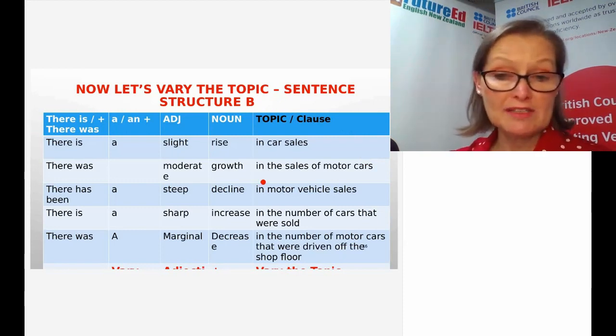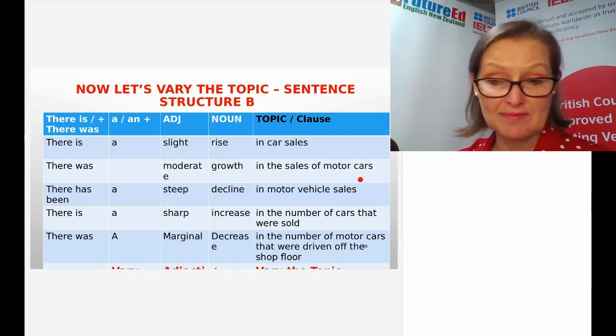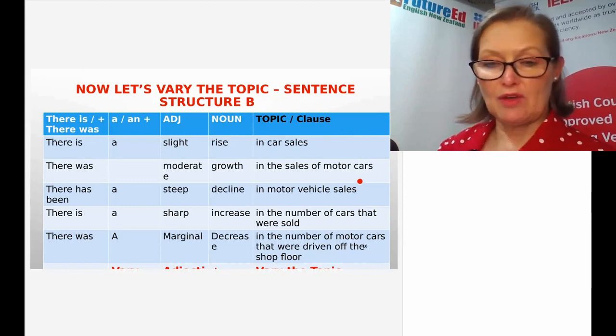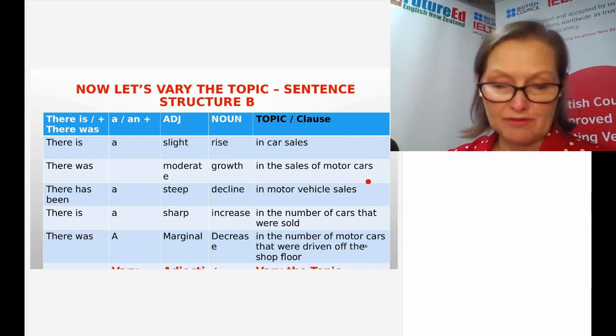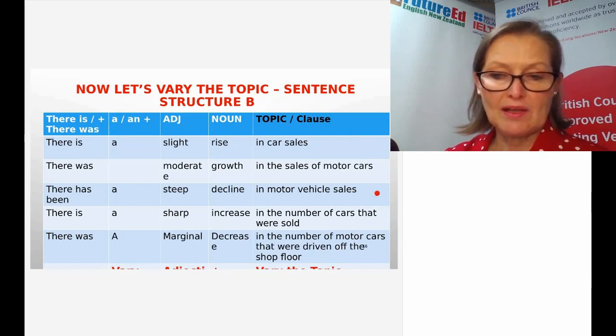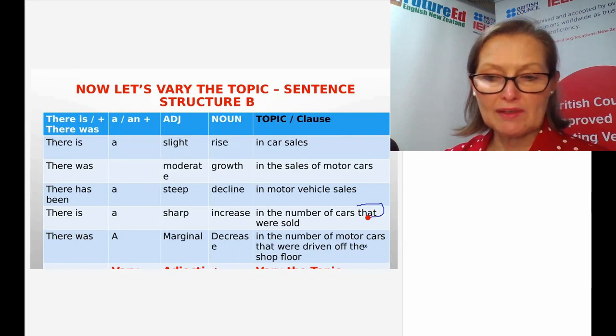Or there has been a steep decline in vehicle sales. I could also use a word like automotive vehicle sales. And then I'm going to use my little subject clause with my relative clause.